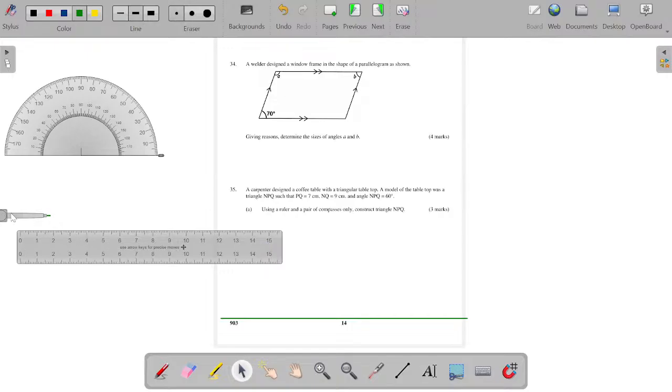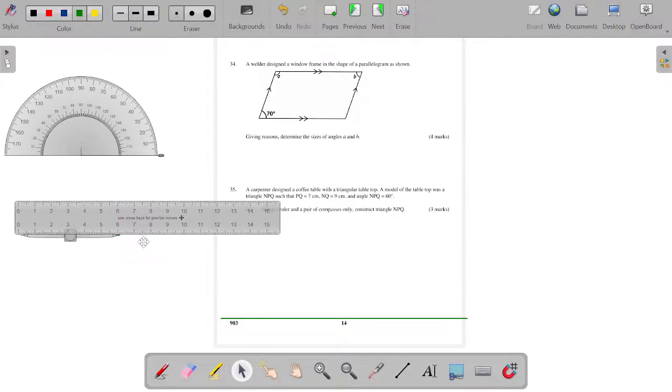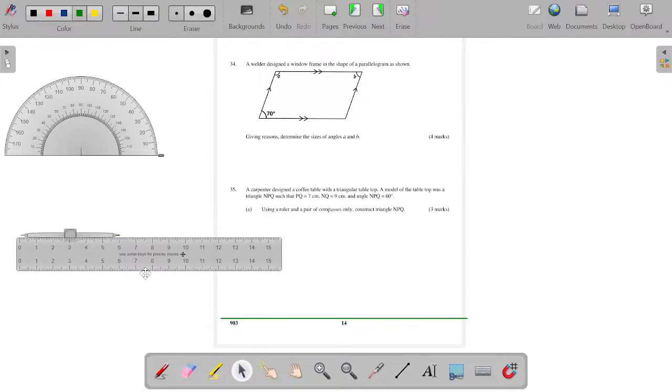I'm going to use my pair of compass and measure the length 7 centimeters. So that is the length 7 centimeters.